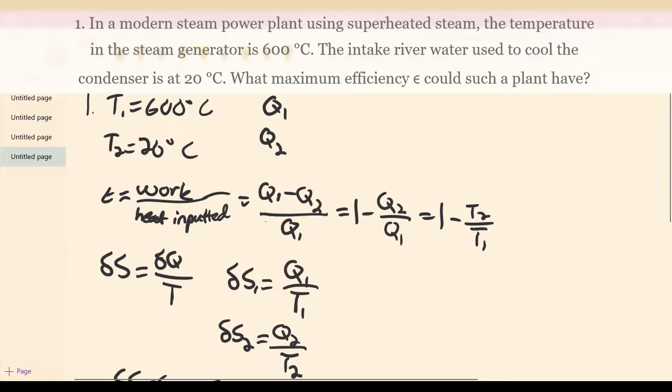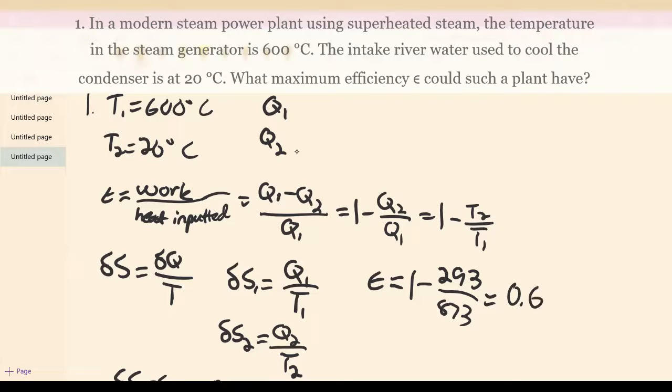To convert from Celsius to Kelvin, you just have to add 273. So then the efficiency is equal to 1 minus 293 over 873, which is T1, and this is equal to around 0.66. So that's the efficiency, and that is the answer to problem 1.